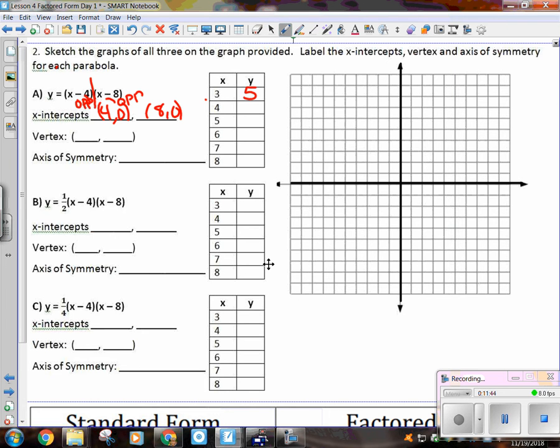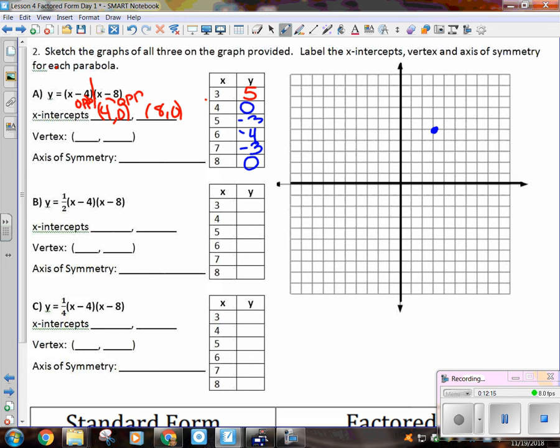At 4, what is it? 0. What else? 5? Negative 3? I can't hear you as well. Okay, we got those points? Are those okay points? Okay, so let's plot those points. Over 3, and then up 5. 1, 2, 3, 4, 5.